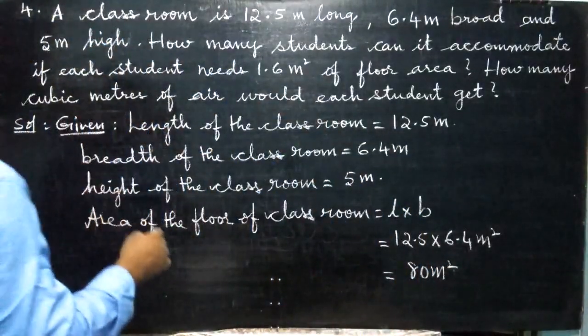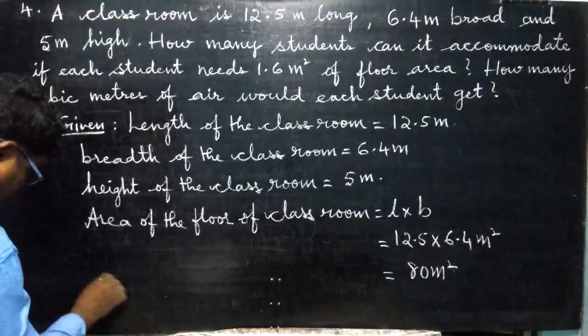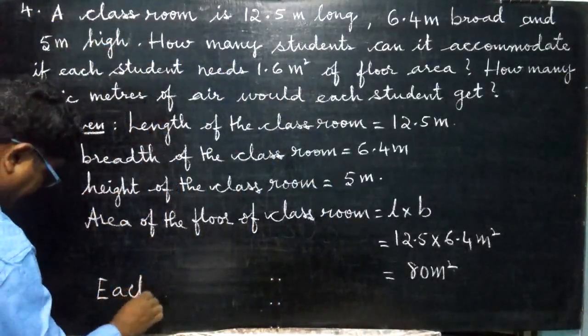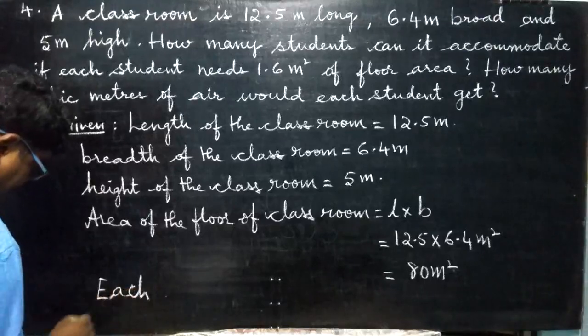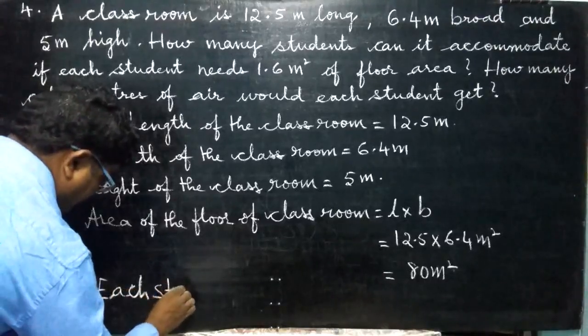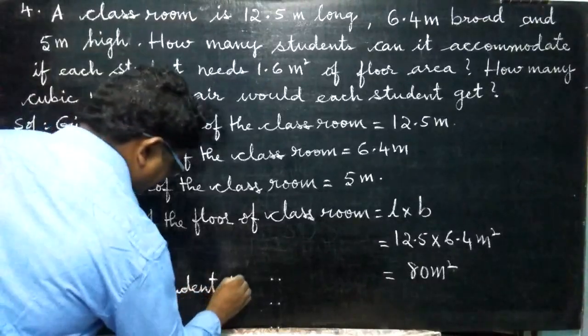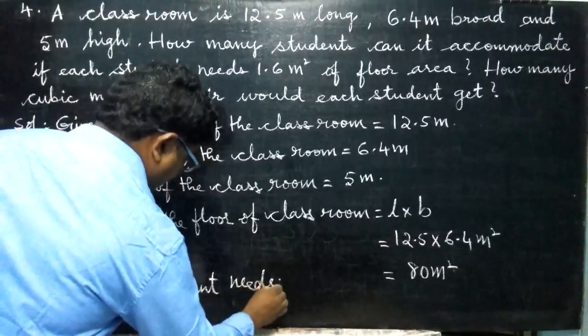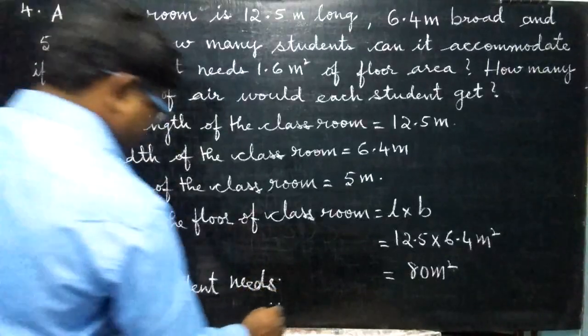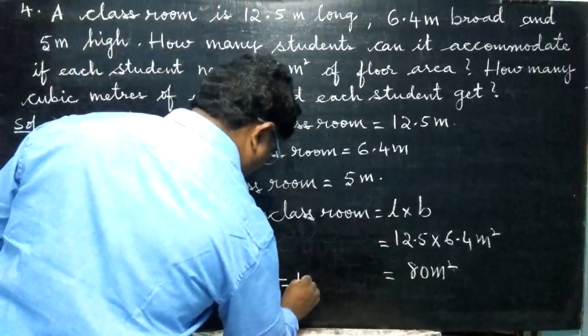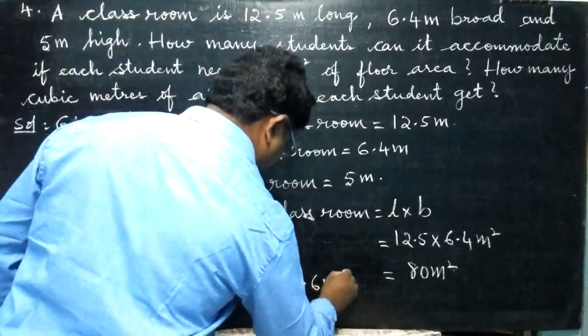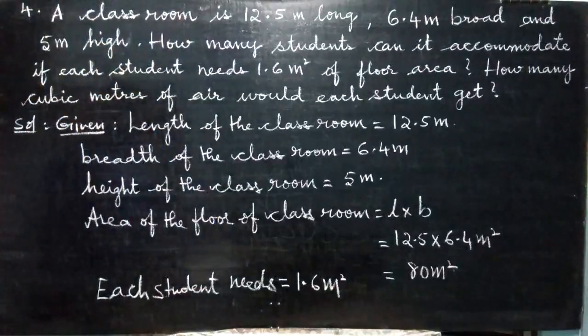Now given in the problem, each student needs how much? 1.6 meters square. Now they are asking how many students, that we are going to find now.